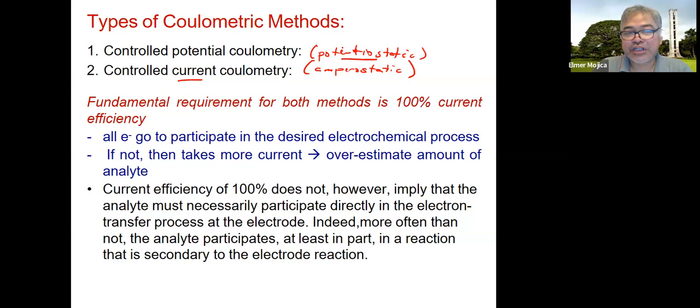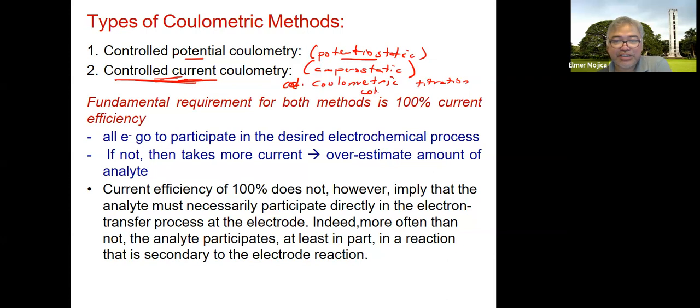So here you have a constant potential, and this is a constant current. The quantity of charge required to reach the endpoint is then calculated from the magnitude of the current and the time the current passes. This method has enjoyed wider application compared to the potential one, which is why it is more used in coulometric titration. So this is the difference in the coulometric methods.